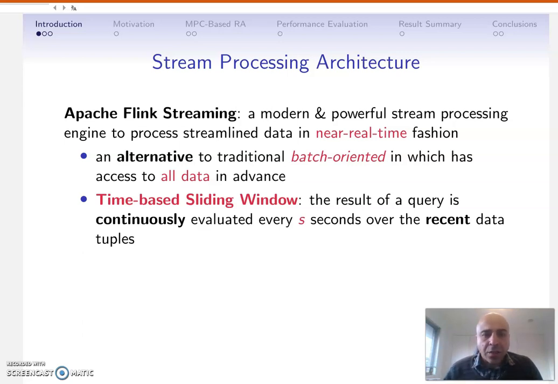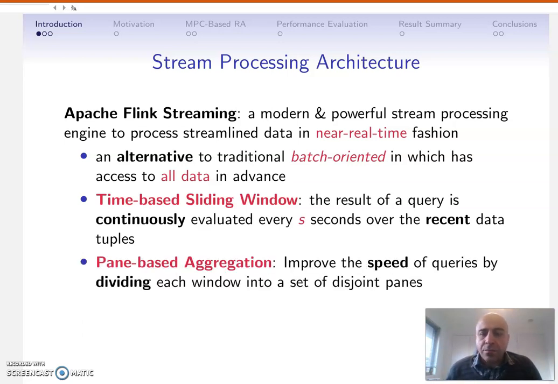To increase the throughput of your system, you normally don't wait for 5 seconds or 5 minutes to gather all the data and then start running your functions.